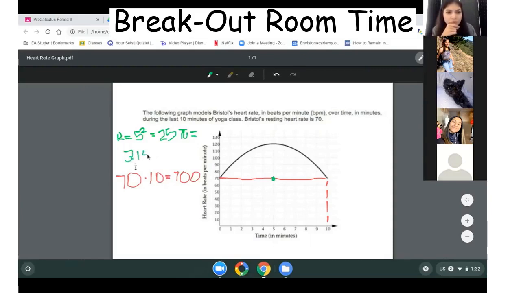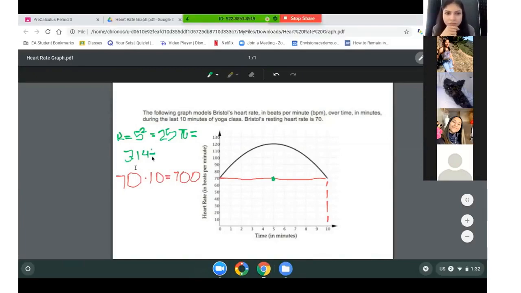And that will get you 78.5. And then we add that to the 700, because you want the total, right? You already had 700, and then there's your semicircle approximation.